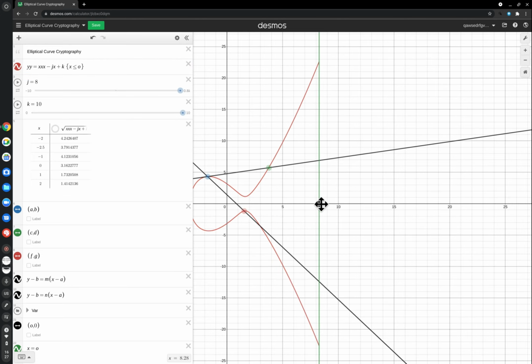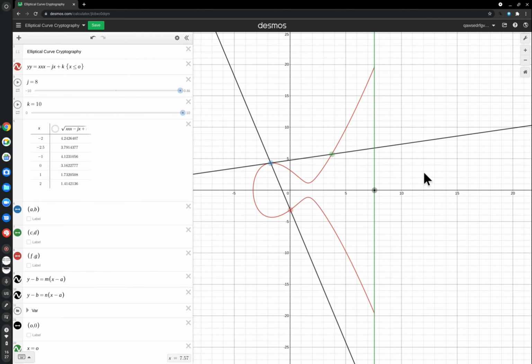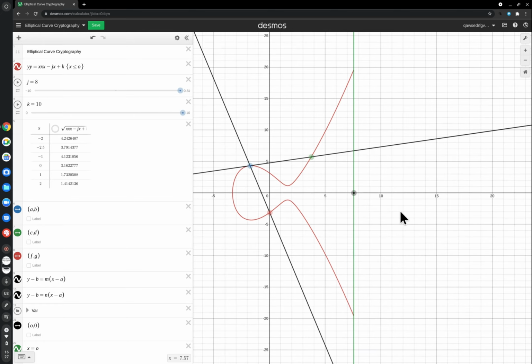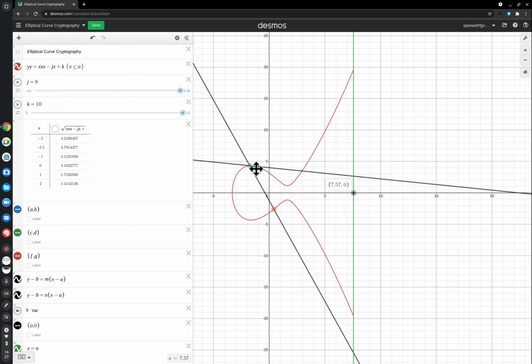So the fun part of the elliptical cryptography is it's all based on a single shape, this elliptical curve. That's what I liked about it. So our public key: function, starting point, maximum boundary. Remember, you find the starting point by using that tangent line, or in this case our tangent line approximation, to start it off.